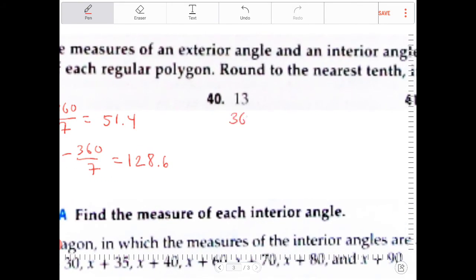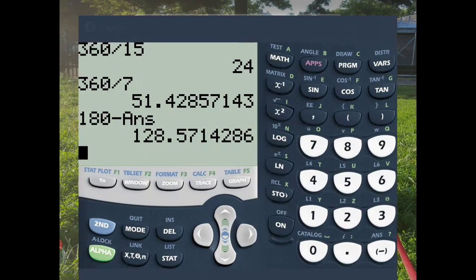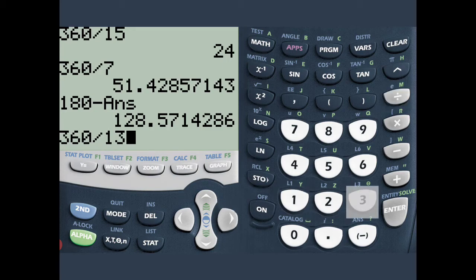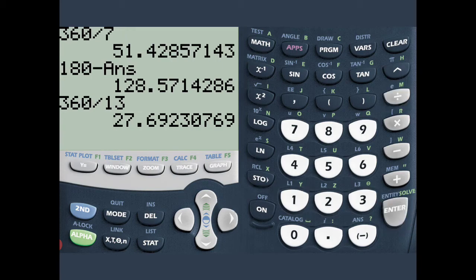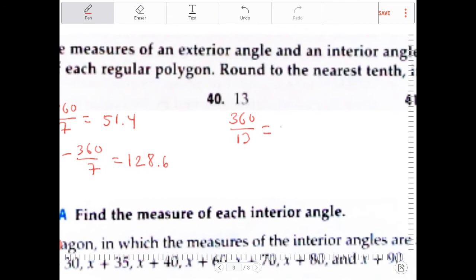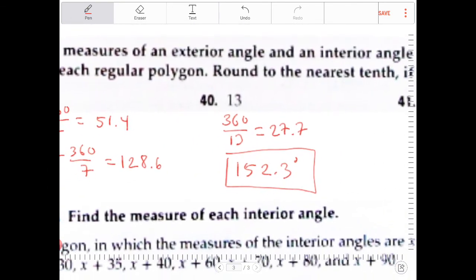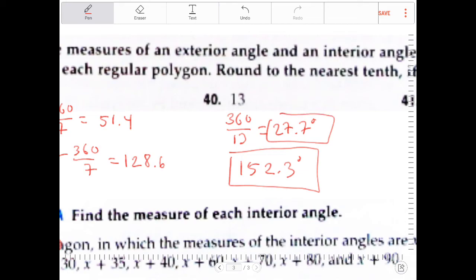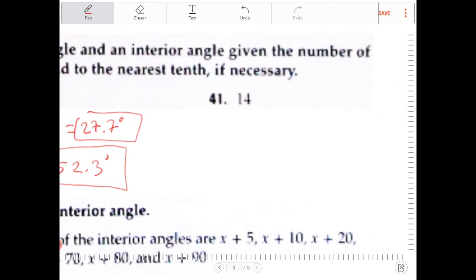Okay, so 360 divided by 13 is 27.7. So the interior will be 152.3. So the first one's exterior, the second one's interior.